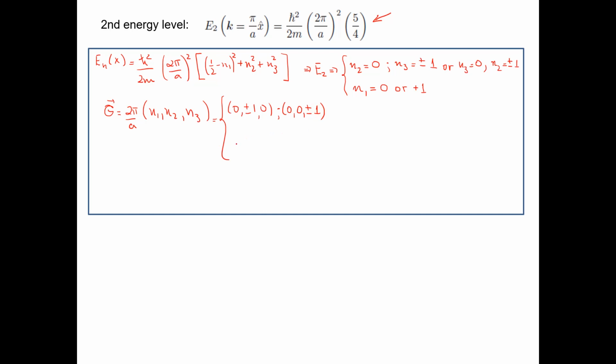These are 4 states, and the other 4 are (1, plus or minus 1, 0) and (1, 0, plus or minus 1). Okay.